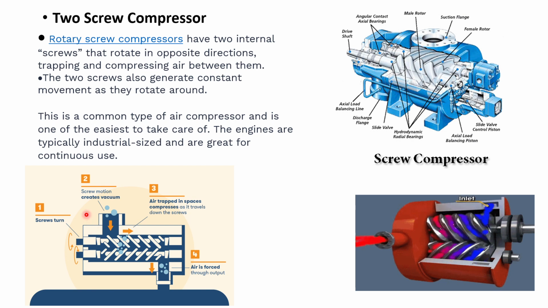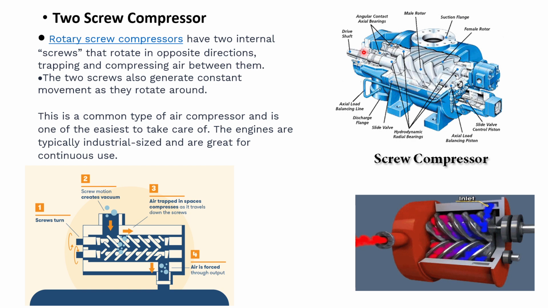When the screw turns, it creates some vacuum and the gas comes in through the inlet, passes through the gap between the screw and the body and travels towards the right, and finally the air is forced out from the outlet.